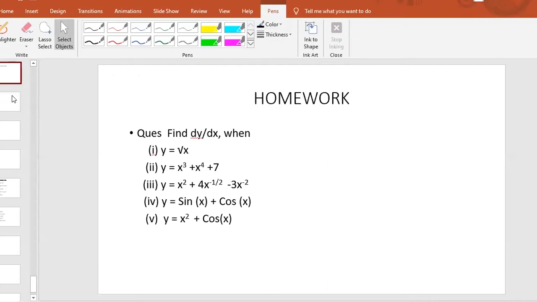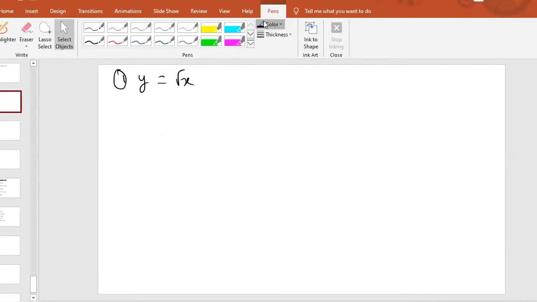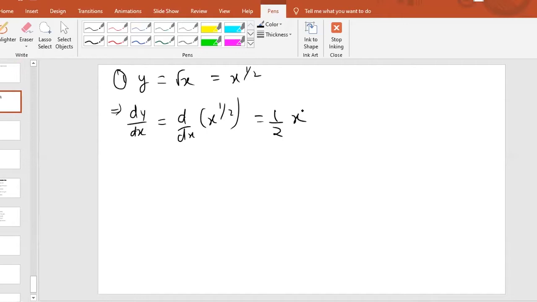Okay. So y is equal to root x. So can we write this as y equal to x power half? Now if we have to differentiate, dy by dx, can I write here as d by dx of x power half? Now it becomes x power n form. So when we know that x power n form, we can write here as half x power half minus 1.